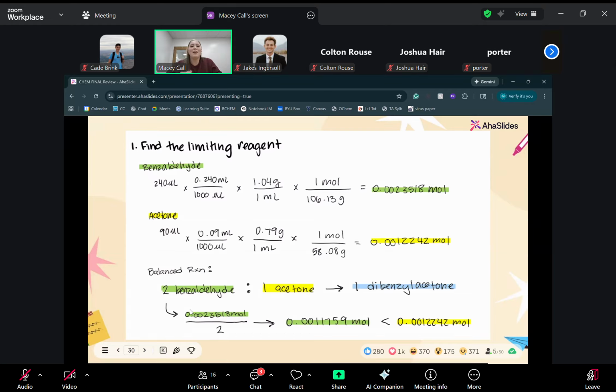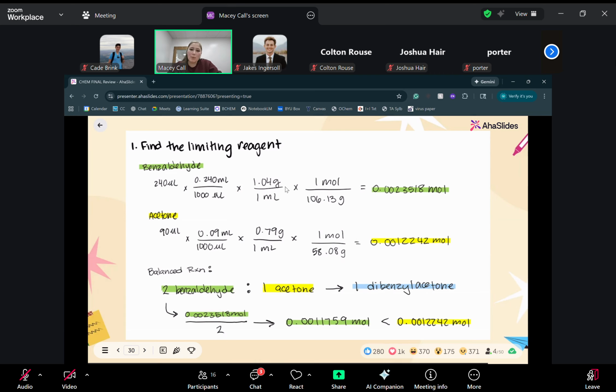They're not me. Okay, so benzaldehyde, I used 240 microliters. So the first thing I did was flip it into milliliters because my density was in grams per milliliter. So then my microliters cancel out. I go to milliliters, and then I'm going to use my density, which is over here, to go from milliliters into grams. So now I'm in grams.